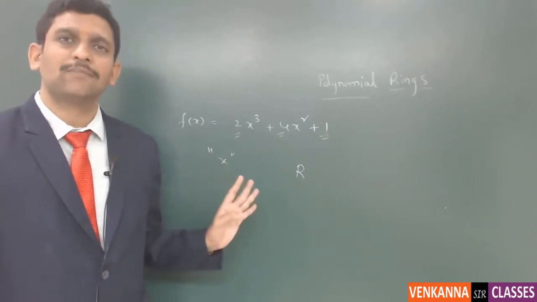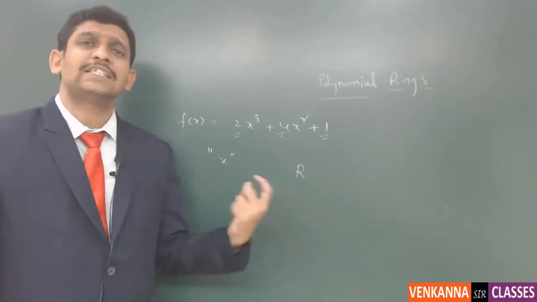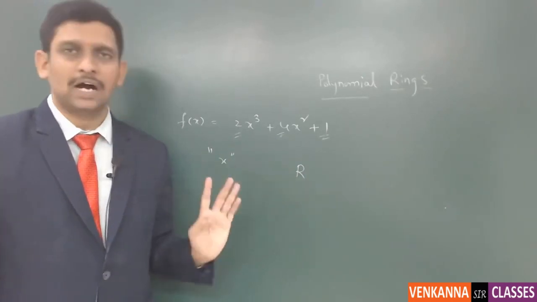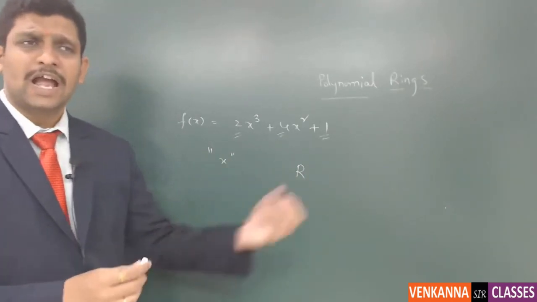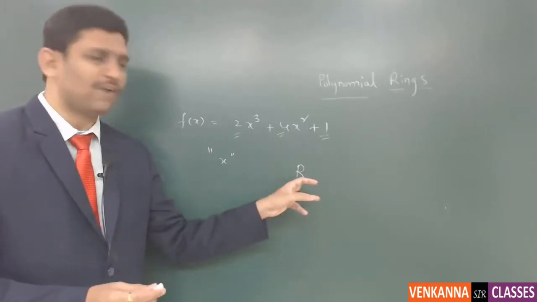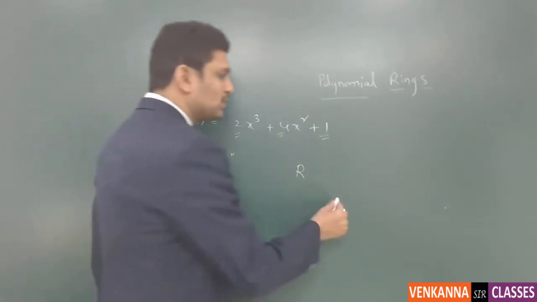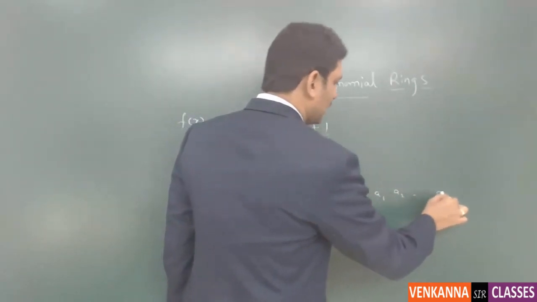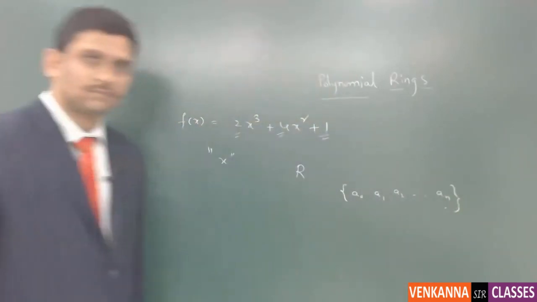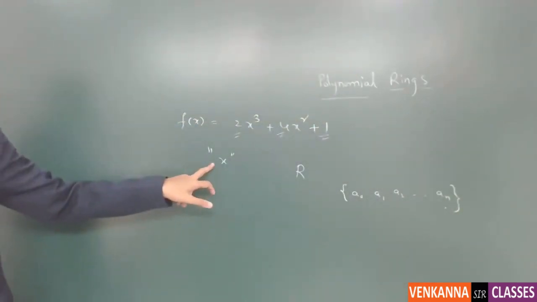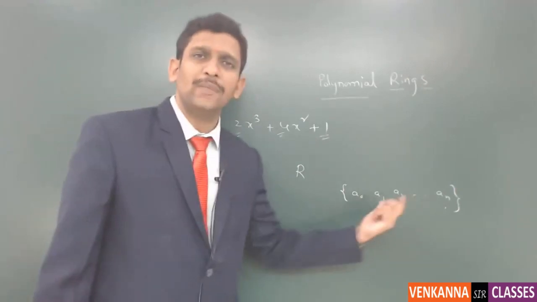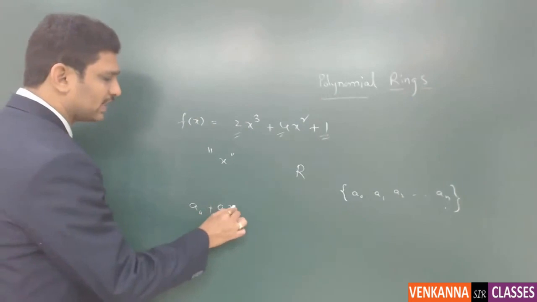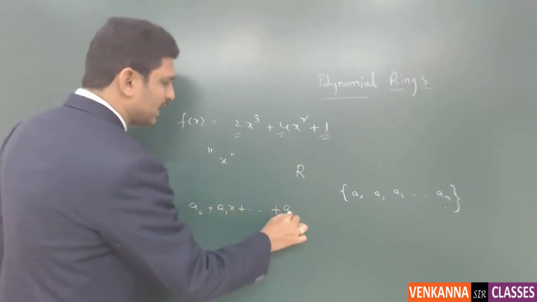You consider a set of values in the ring R. Technically speaking, I have randomly selected a set of values in the ring R, namely a0, a1, a2, and so on, an. Now, using this indeterminate, we frame a polynomial like a0 plus a1 x plus so on plus an x power n.